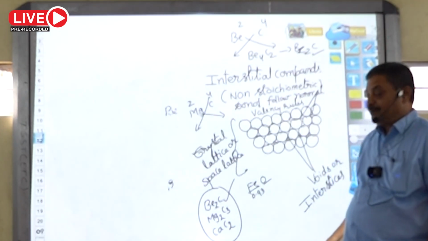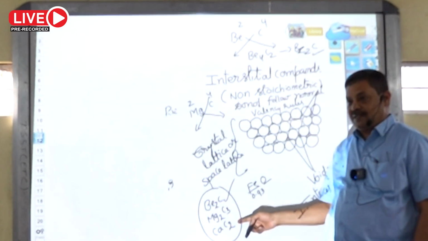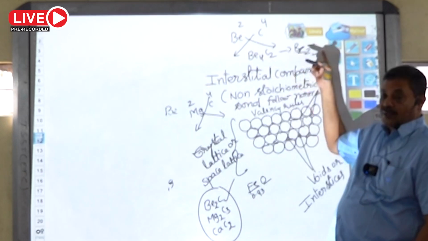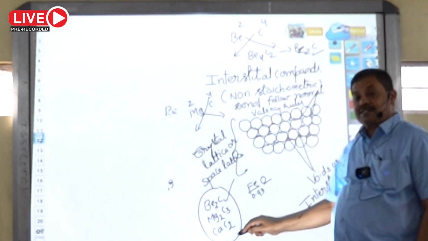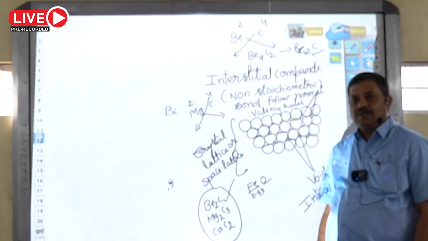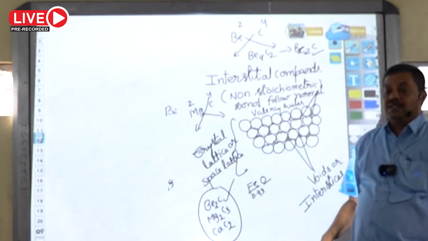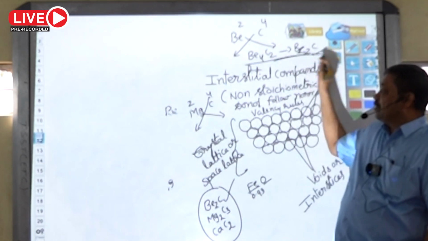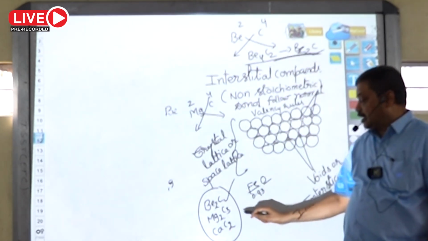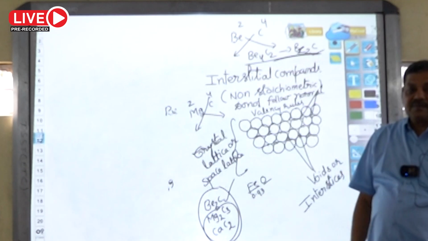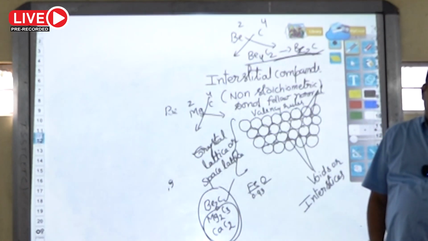Mg2C3. Similarly, for calcium carbide you should get a similar formula, but you are getting CaC2. So whenever the carbide formula does not obey the normal valency rule, we call that carbide an interstitial carbide.